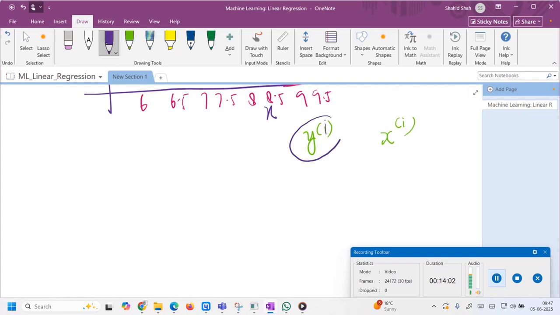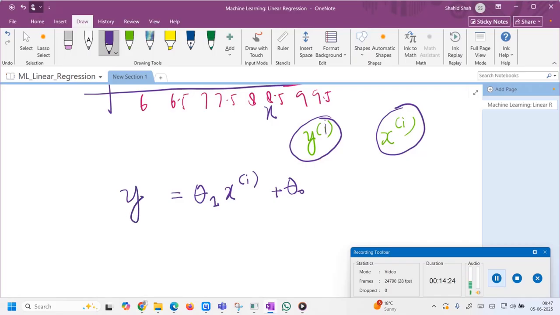What is the actual CTC? It is yi. But given xi, what is your estimate of the average CTC? That is theta 1 xi plus theta 0, and let's denote this estimate as y hat of i.